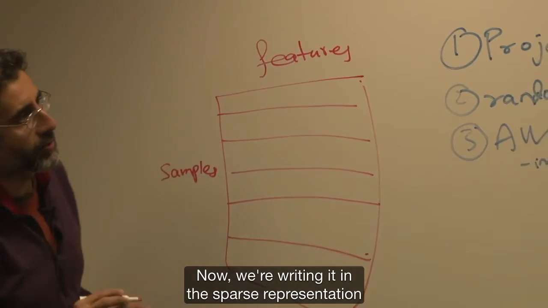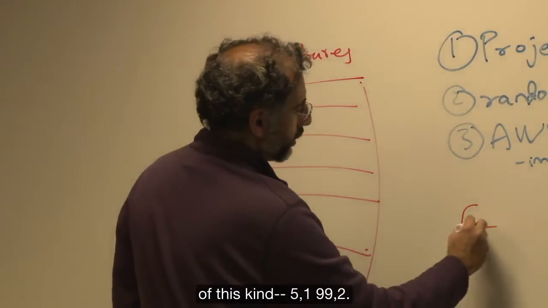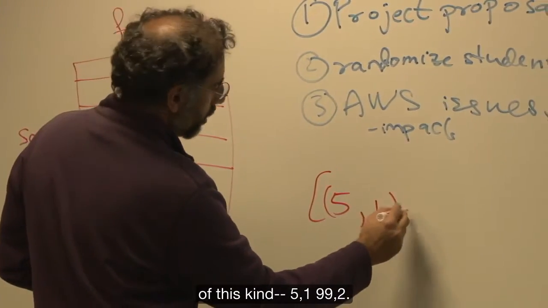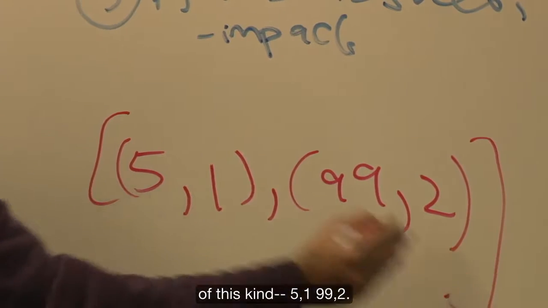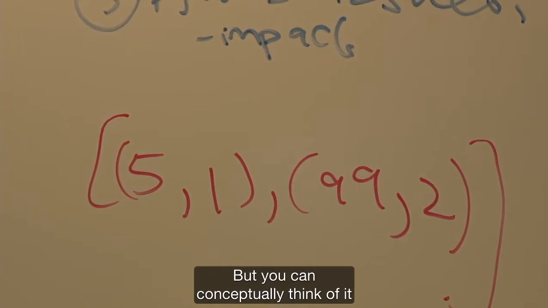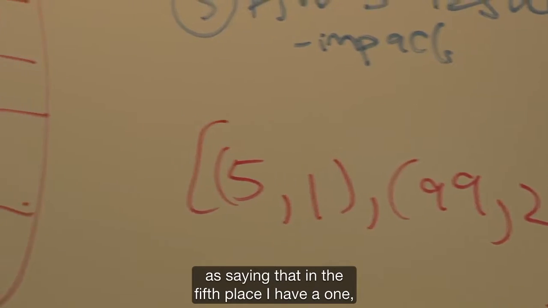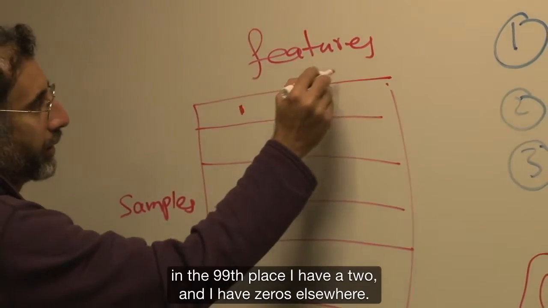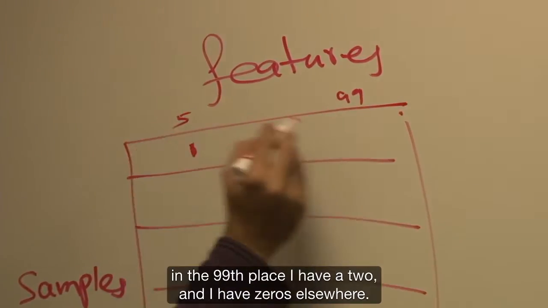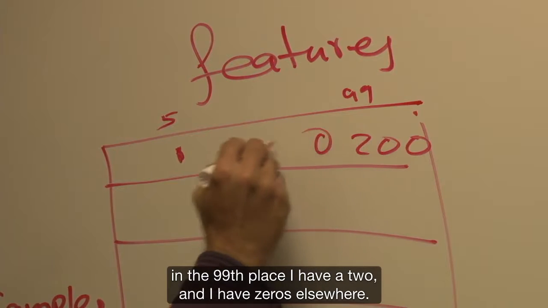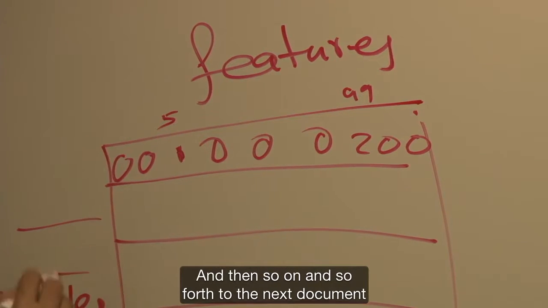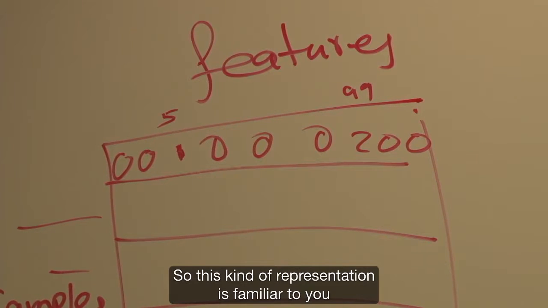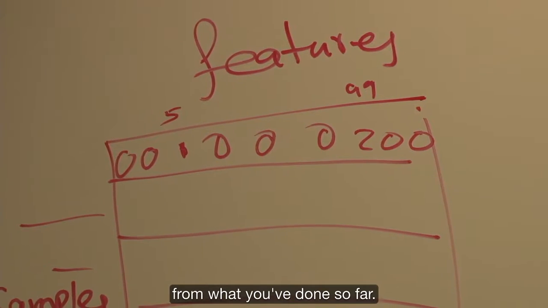Now we are writing it in the sparse representation of this kind, 5, 1, 99, 2. But you can conceptually think of it as saying that in the 5th place I have a 1, in the 99th place I have a 2, and I have zeros elsewhere. And then so on and so forth to the next document, and the next document, and the next document. So this kind of representation is familiar to you from what you've done so far.